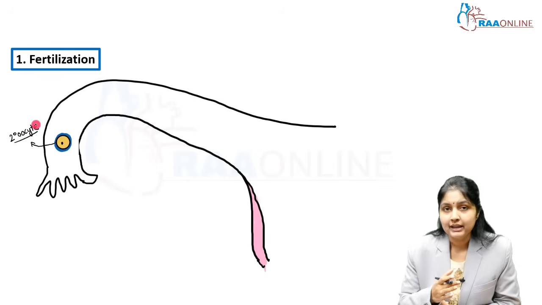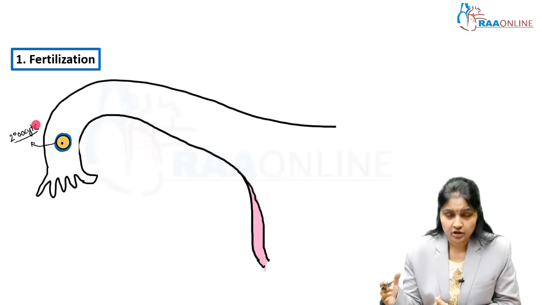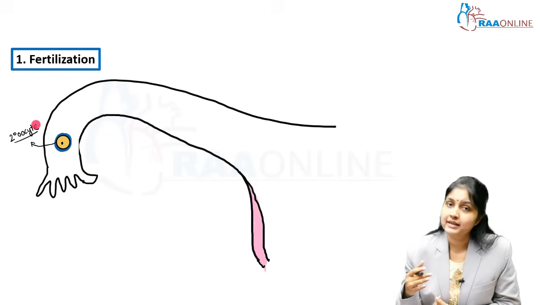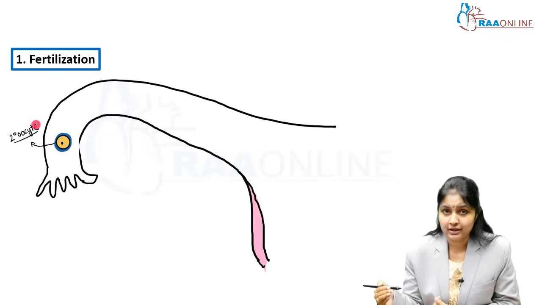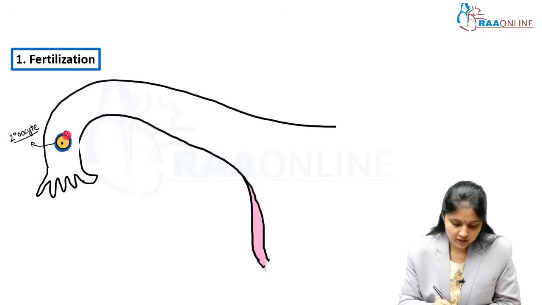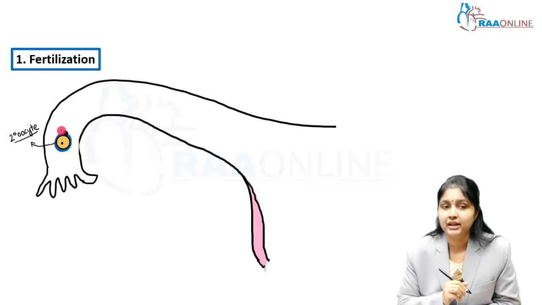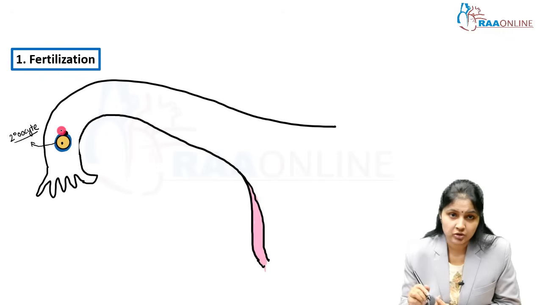It has completed primary meiotic division, hence it is called a secondary oocyte. When it has completed primary meiotic division, it has released one polar body, which you will be able to see. Now it is in the process of undergoing secondary meiotic division, but it has not completed yet.